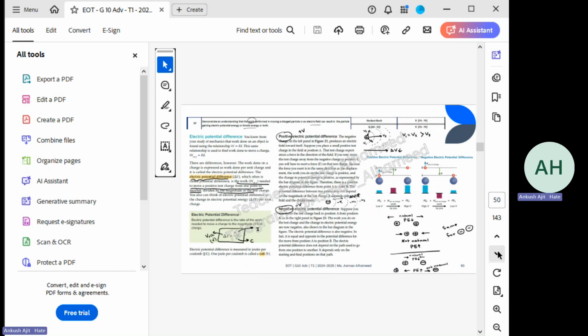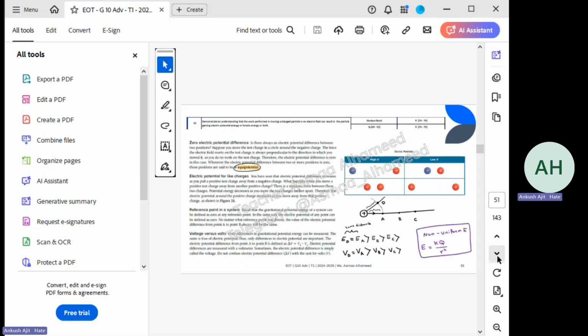Okay, this is the electric potential. Very nicely in the diagram, everything is explained. Just go through it.